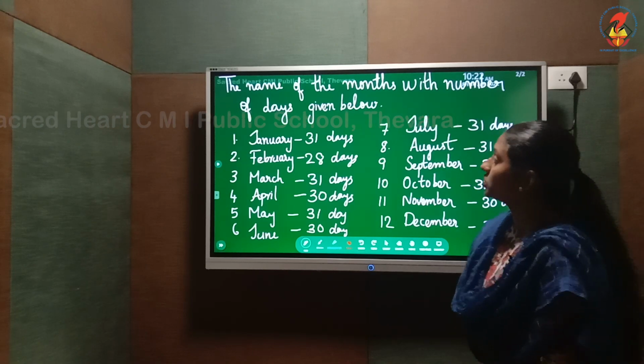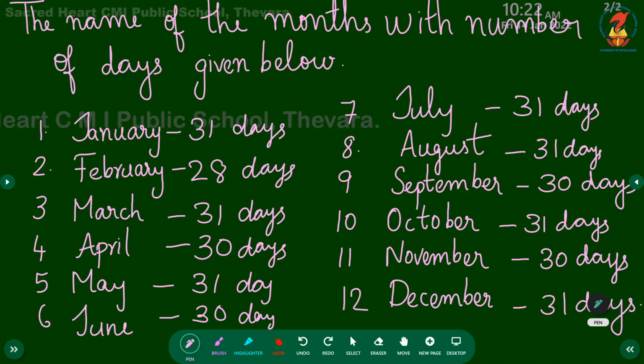So January is 31 days, February is 28 or 29. Then March 31 days, April 30, May 31 days, June 30 days, July 31 days, August 31 days, September 30 days, October 31 days, November 30 days, and December is 31 days.